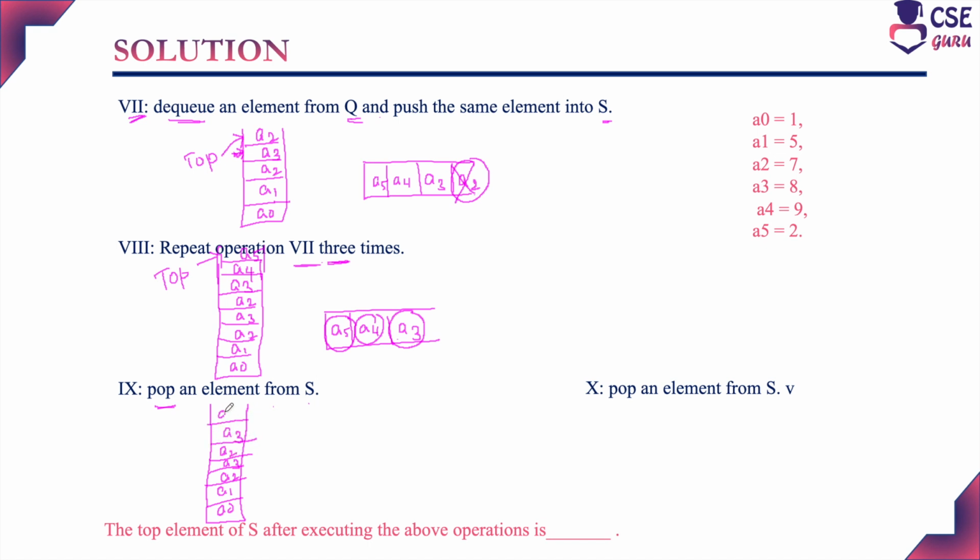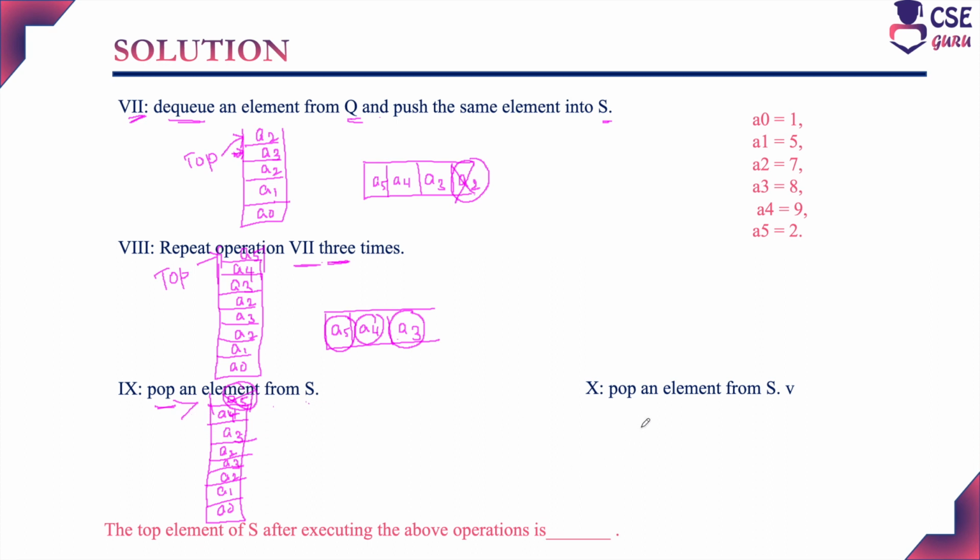So now the top element of the stack is A5. So pop an element from S. We have to pop A5 and this will be popped. Now the stack elements are A0, A1, A2, A3, A2, A3, A4. So these are all the stack elements at the end of the ninth operation.